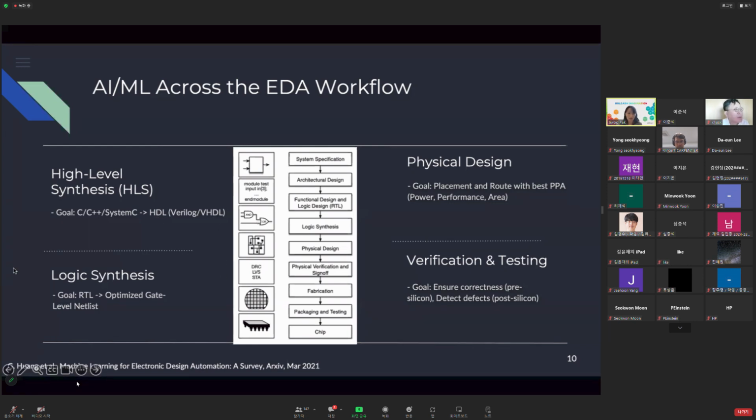And then after that, we have logic synthesis to change the RTL, that's another hardware descriptive language, to the optimized gate-level netlist. And then physical design is something that I explained briefly with the analogy. So how we place each component and route them to achieve the best PPA. And then verification and testing. And I will go over each of those.